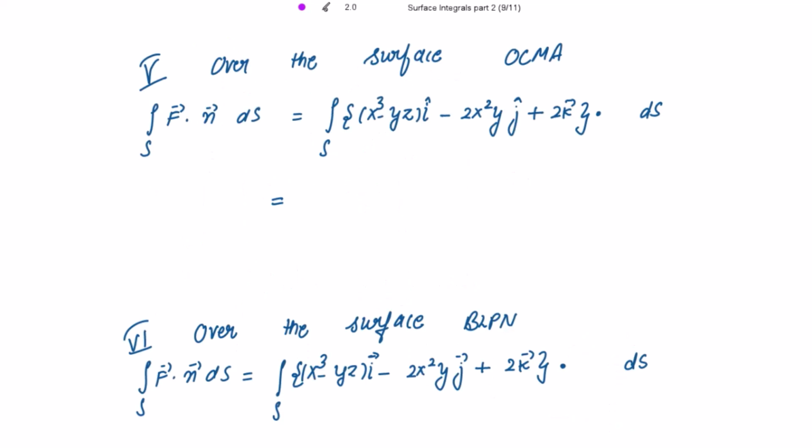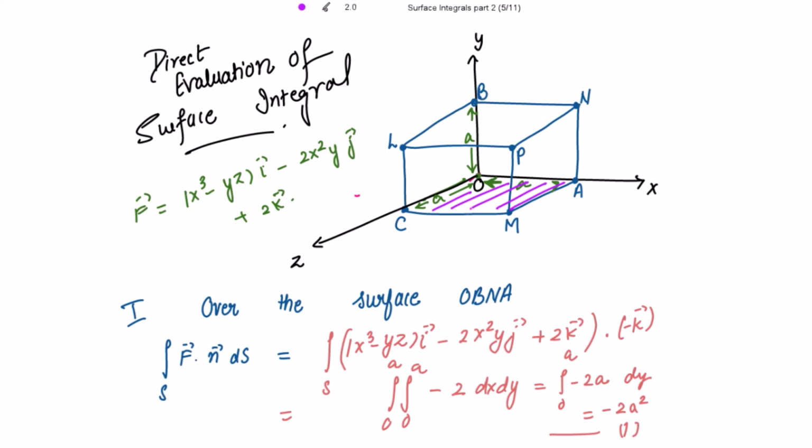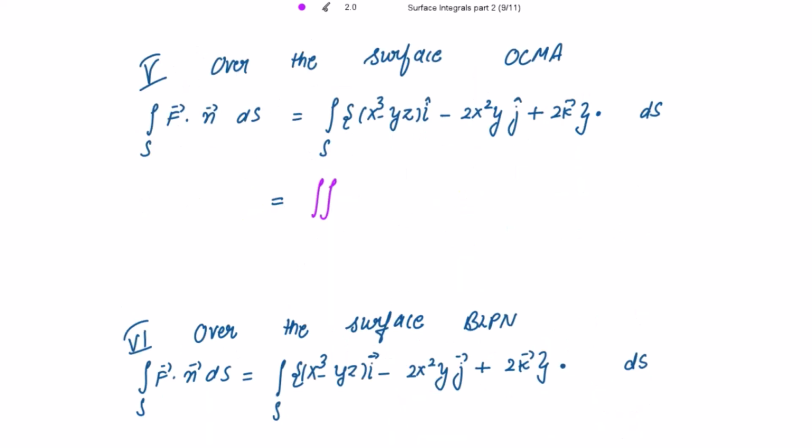And now integrating over the surface OCMA, the unit vector drawn outward to this surface is along the negative y-axis. So n vector becomes negative j vector. Because the outward unit vector is along the negative y-axis, we take ds to be dx dz. So this is a double integral, and n vector is negative j vector.